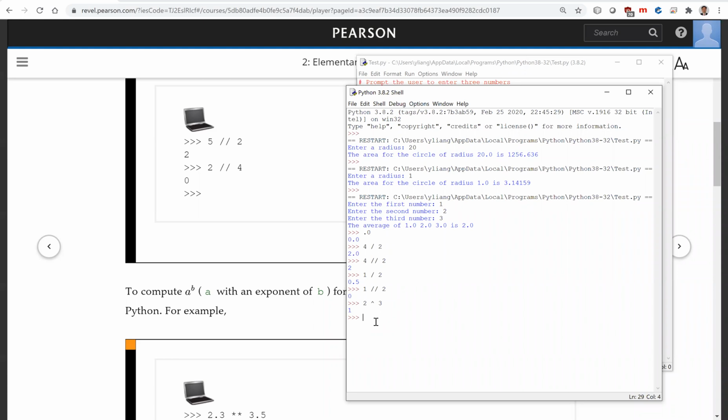You have to use 2 asterisks together, 2 ** 3, and you get 8. Now 2.0 ** 3, you get 8.0. So if one of these numbers is a float, the result is a float. If both are integers, the result is an integer.